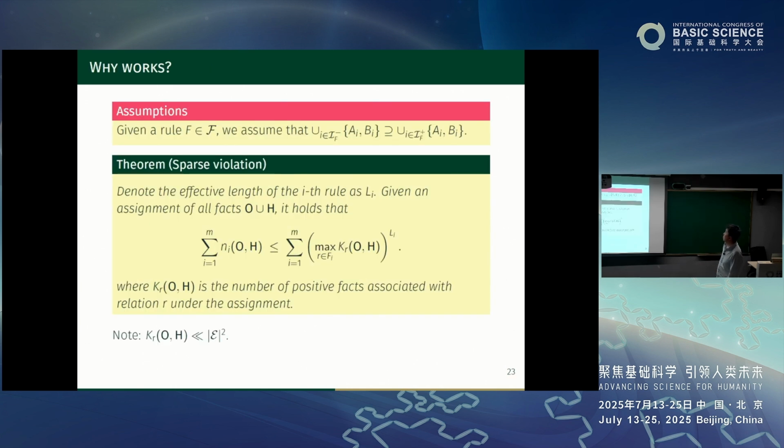Okay. Then why does this method work? We make this assumption. Do you remember what it is? The entities involved in the conclusions are a subset of the entities involved in the assumptions. It's very natural, right? When something happens, you get a conclusion. The conclusion should not go out of the scope of the assumptions.